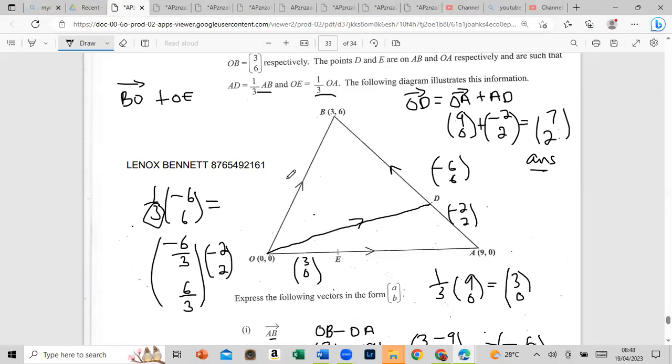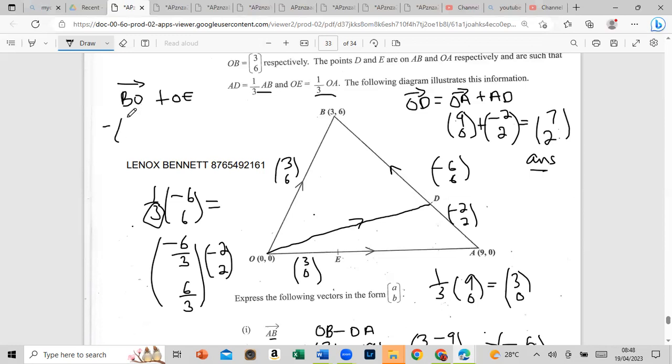So the length of this is 3, 6. Let's put things in perspective. I'm going to add BO plus OE. Hope everyone is following. Once you're going against the arrow, guys, it's negative. So I'm going to put the negative outside, and then I have the 3, 6.